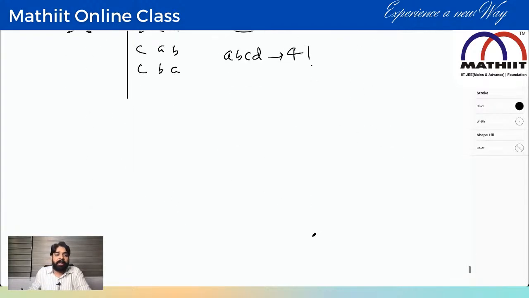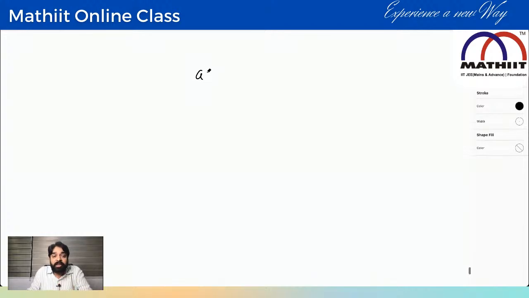Correct? Now imagine another question, everyone, please. Using the letters A, B, C, D, E, I, O, in how many ways can we arrange, using all the letters, so that the vowels are always together? See, I'm doing vowels always together.